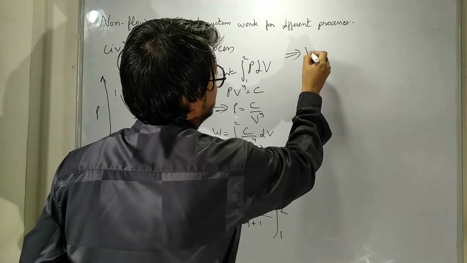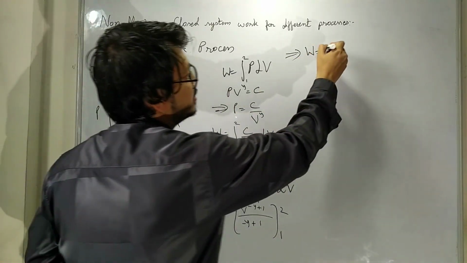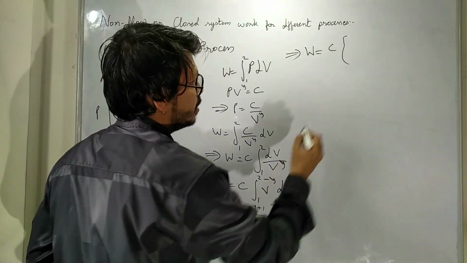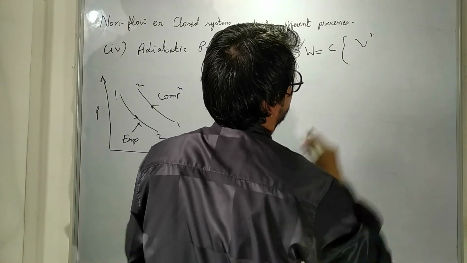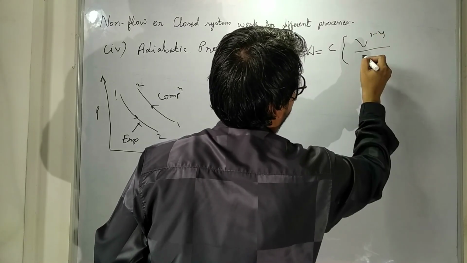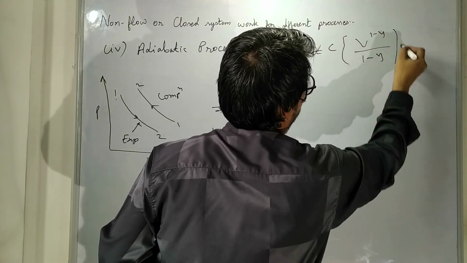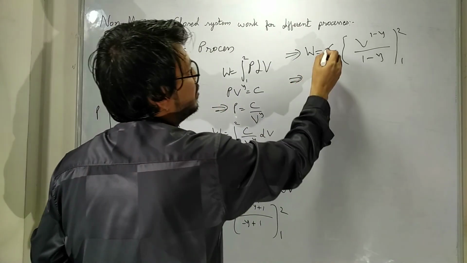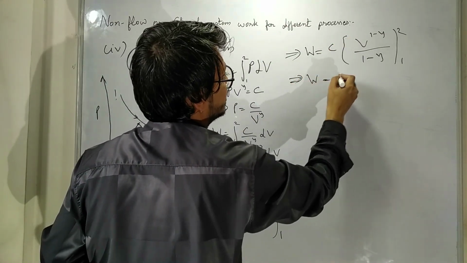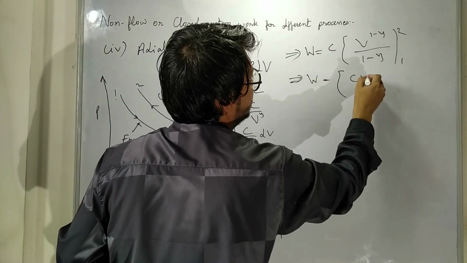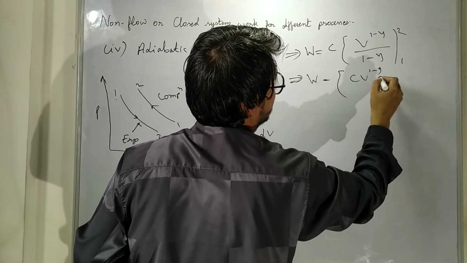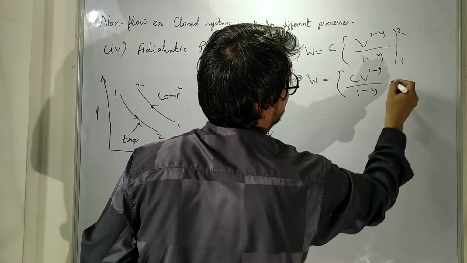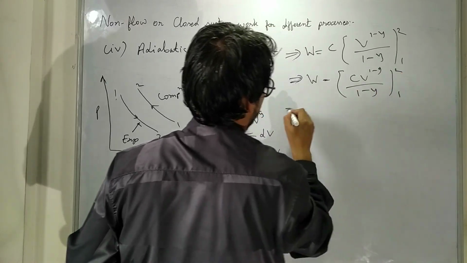Here we will get W is equal to C into V to the power 1 minus gamma by 1 minus gamma from 1 to 2.